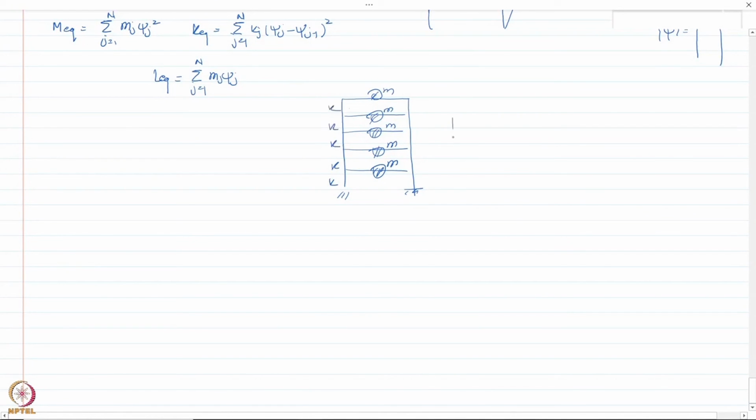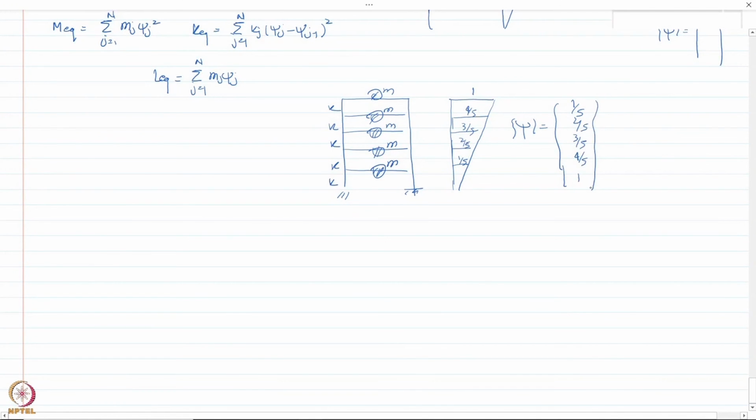Let us say we assume that it deflects linearly, so if I assume that the topmost coordinate is 1, then this would be 4 by 5, this would be 3 by 5, then 2 by 5, and then 1 by 5, so that I can write my shape vector as 1 by 5, 2 by 5, 3 by 5, 4 by 5, and then 1, which is basically 5 by 5.